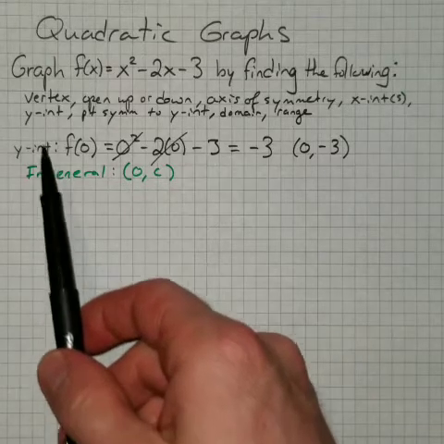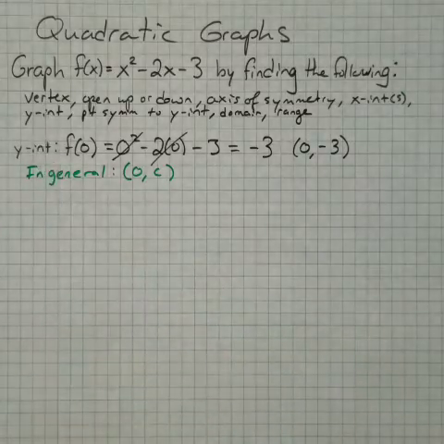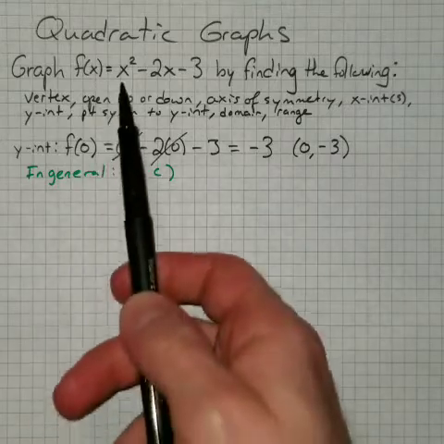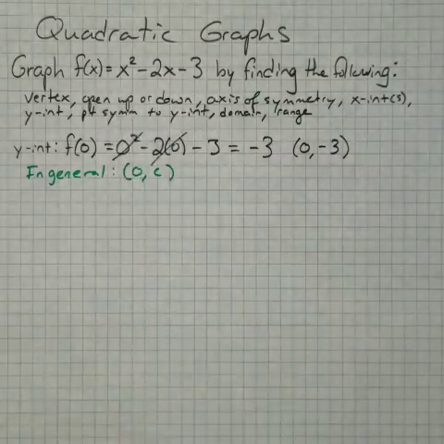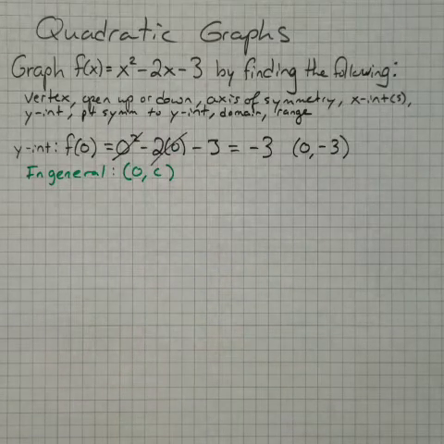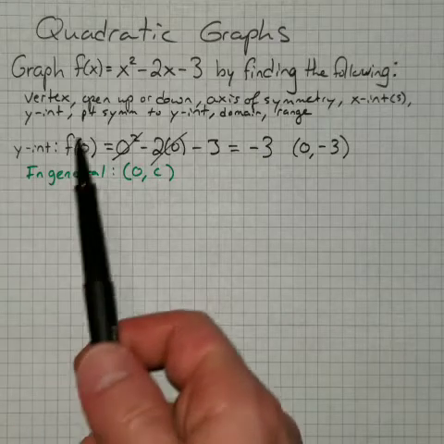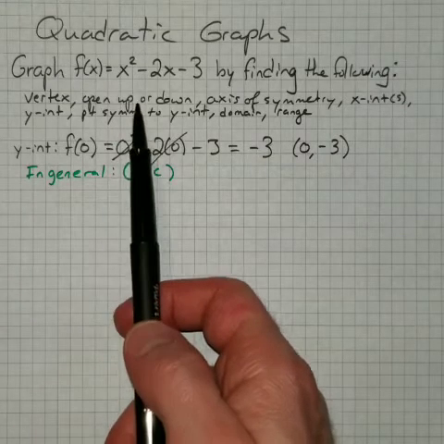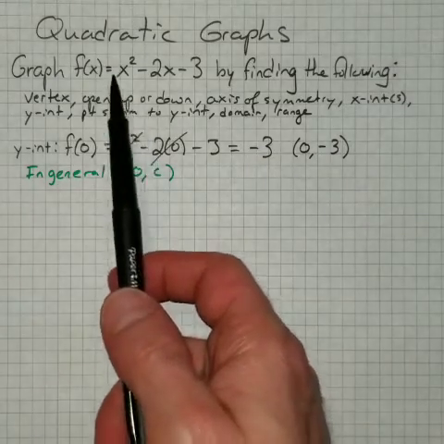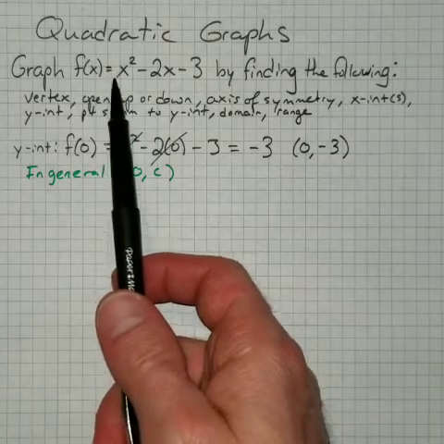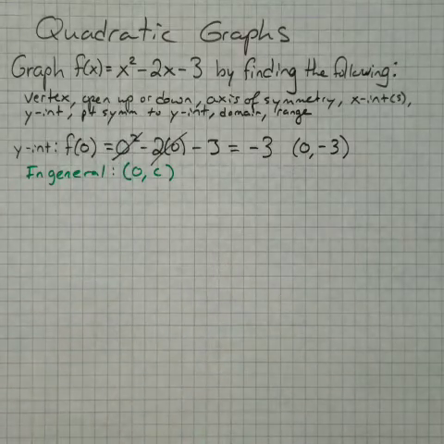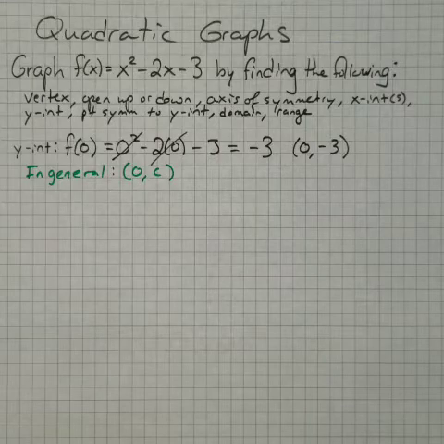So now I can't do the vertex. I don't really have any way of identifying the vertex from this equation just yet. We'll come up with one as we go here. I can do opening up or down. That one, remember, the value of a, which was the leading coefficient, will determine whether it opens up or down, and it's just the sign.